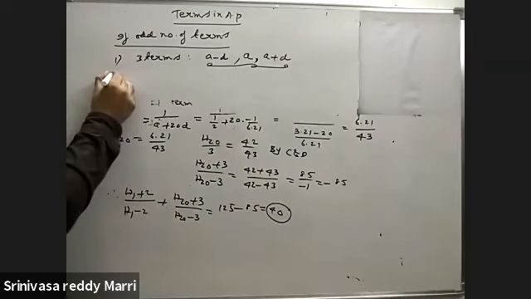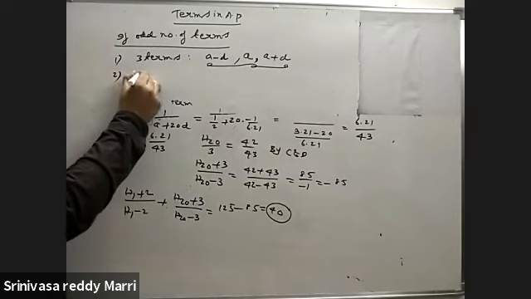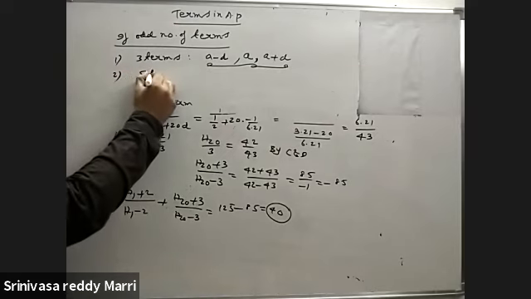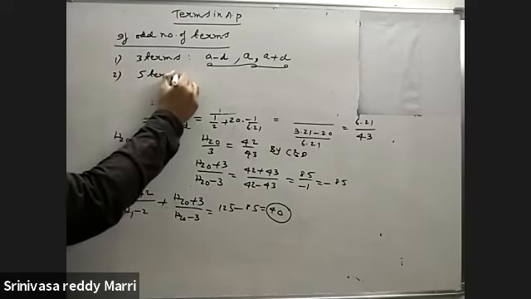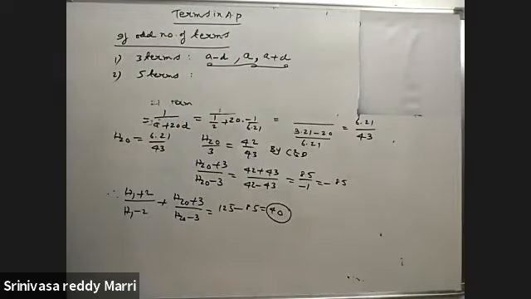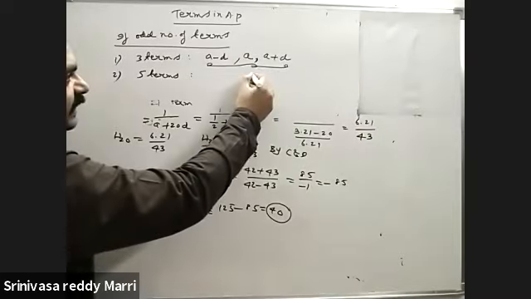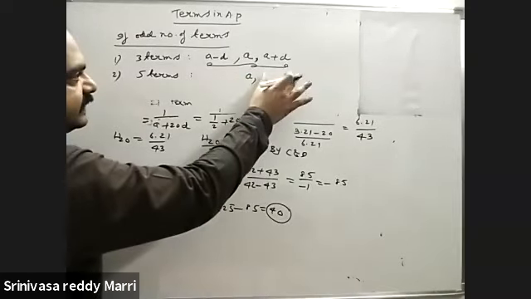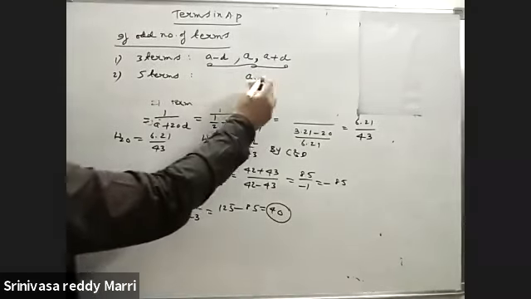Look at, suppose 5 terms. While taking, if you take terms like this, it will become easy. 5 terms means I fix the middle term, this side 2 terms, this side 2 terms.